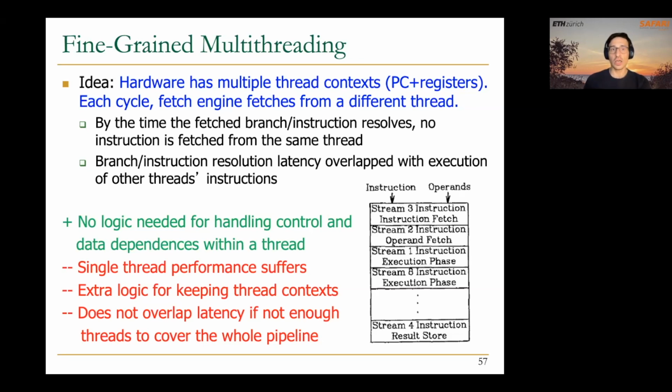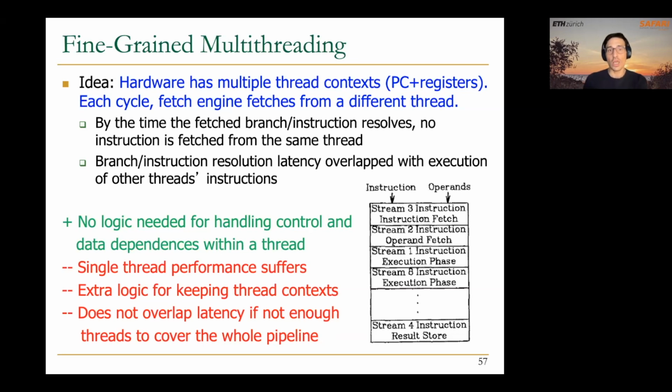So the key idea in fine-grained multithreading is that we have these multiple hardware contexts, and every cycle we fetch instructions from a different thread. And the advantage of doing that is that we don't need to worry about handling control and data dependencies within a thread. We don't need to stall the pipeline until one particular instruction of the same thread has been completed, because after issuing one instruction from one thread, we start fetching and issuing instructions from other threads.